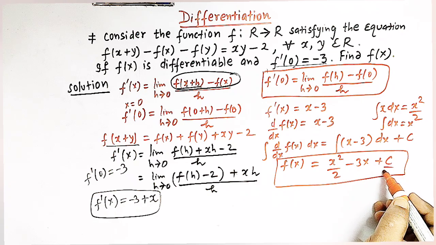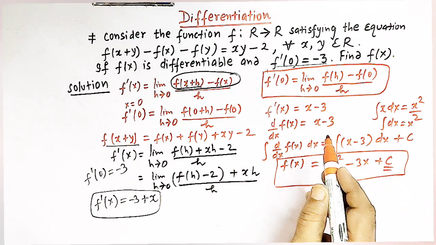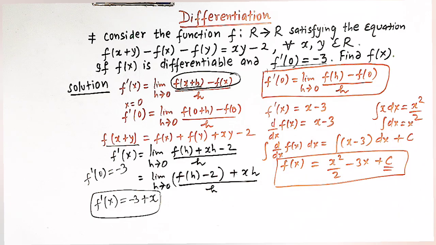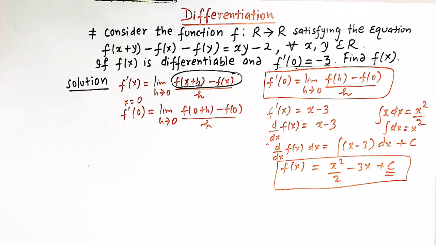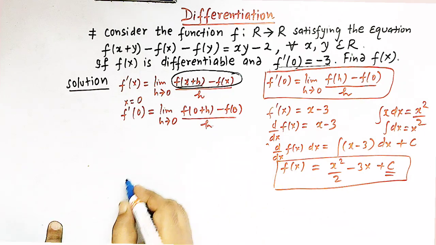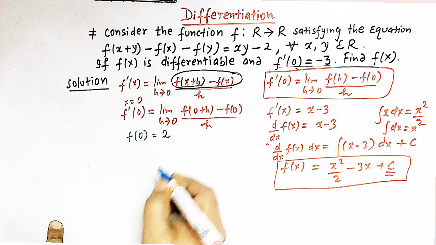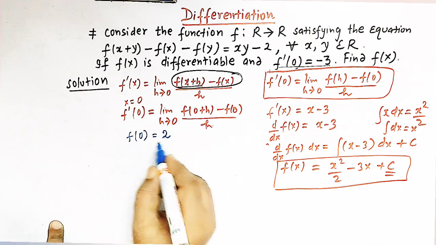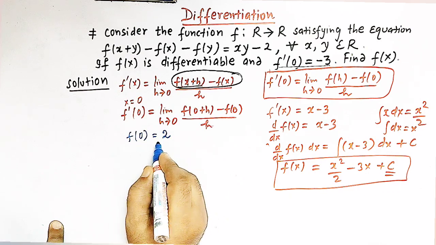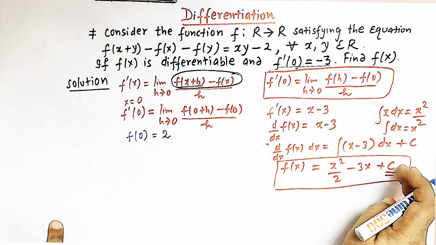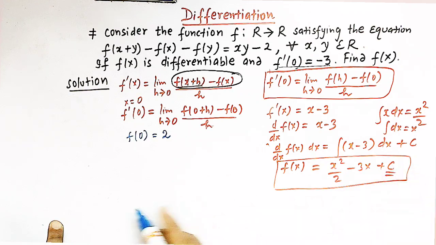Now we can find out the value of this c by using the boundary condition or initial value condition. So now we have just calculated that f of 0 is equal to 2, right? So we can make use of this condition in finding out this constant of integration.